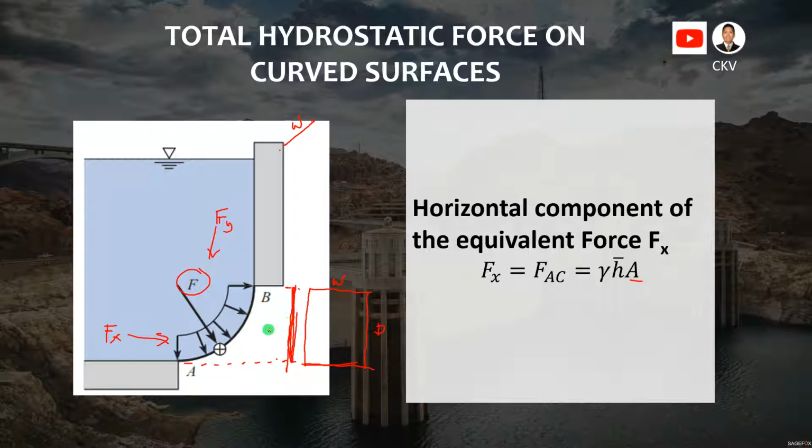So for the horizontal force, what we need is a flat surface that is the side elevation of this curved surface. From that we can determine the area as well as h bar, or the distance from the center of gravity to the water surface, and multiply it by the unit weight of the fluid. Then we will be able to determine the horizontal force of the fluid.